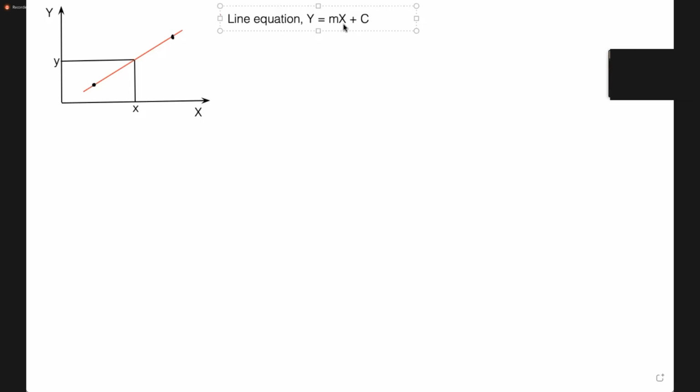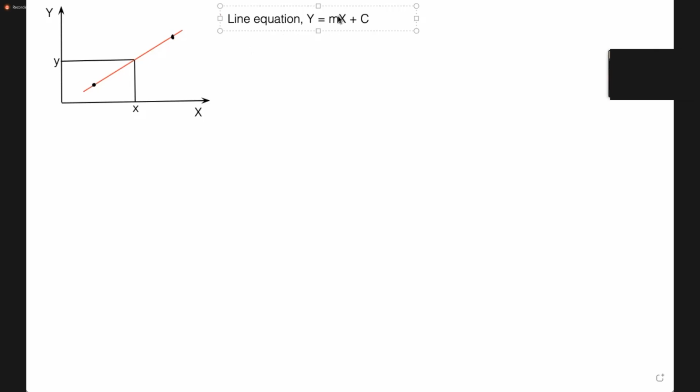Then when you substitute the x coordinate, you can get the y coordinate. That is the only help you can get from this type of equation. We have discussed last time that to draw a line, the fundamental requirement is starting point and ending point.